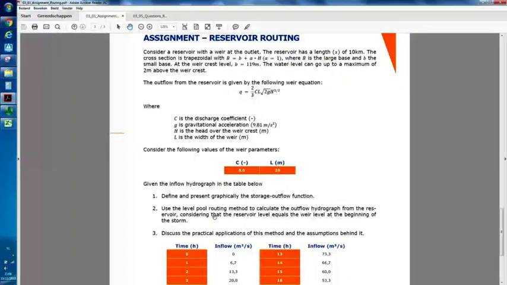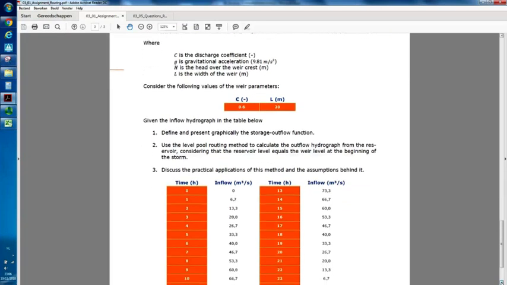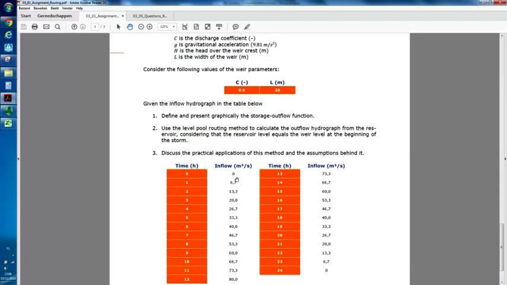And now for the remaining part of the assignment, using the level pool routing method, which is just a calculation method, we will calculate the outflow hydrograph from our reservoir, considering that the reservoir level equals the weir level at the beginning of the storm. So as the storm flow comes in, the inflow comes in and will continue for about 24 hours, and we will get values of inflow.